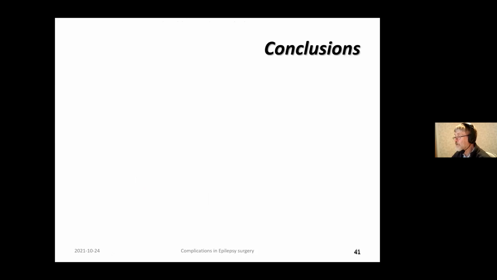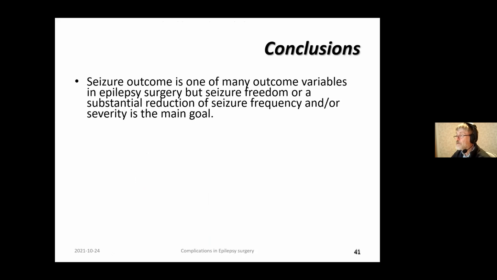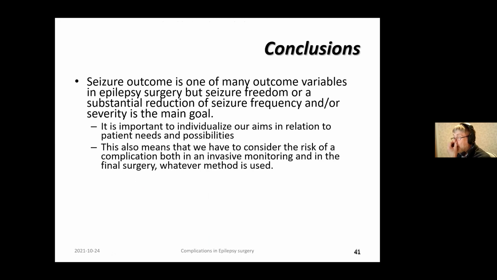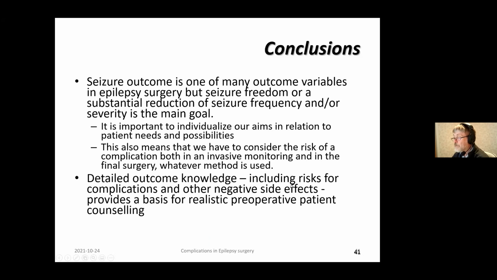And that's very important. So, conclusions: seizure outcome is one of many outcome variables in epilepsy surgery, but seizure freedom or a substantial reduction of seizure frequency and severity is the main goal. It's important to individualize our aims in relation to patient needs and possibilities. This also means that we have to consider the risk of complications both in invasive monitoring and in the final surgery, whatever method is used.